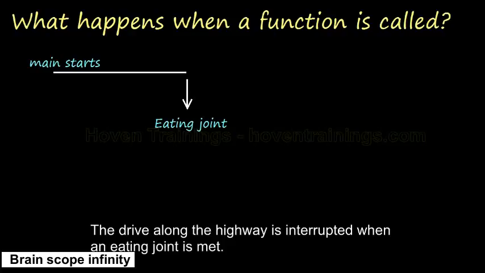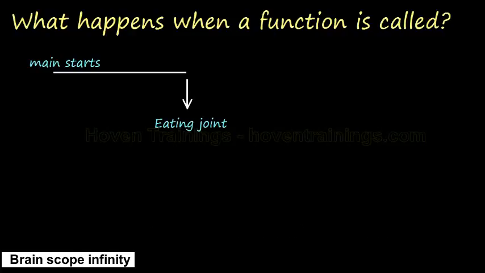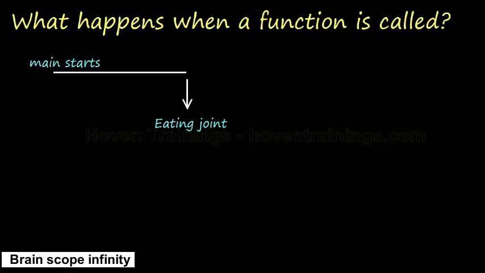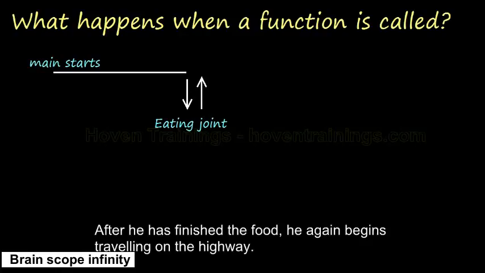The drive along the highway is interrupted when an eating joint is met. The traveler takes his car off the highway and starts taking his food. After he has finished the food, he again begins traveling on the highway.